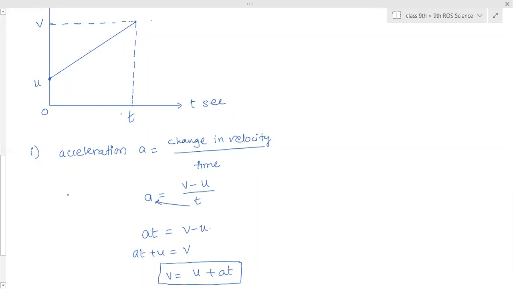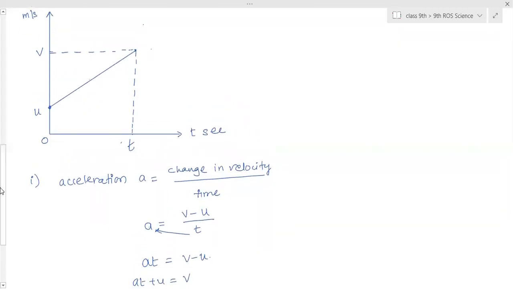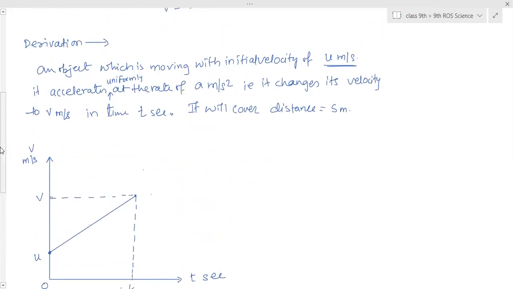Ma'am, can you scroll up a bit? Wait, I'm explaining one. Okay, fine, write down this part first. This description, every time for all the graphs you have to explain. Whenever a derivation is asked, that statement carries 1 mark.